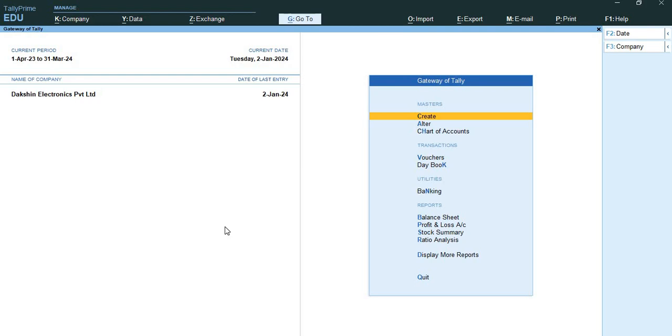To obtain TAN, the person or organization is required to apply in Form 49B to the TAN Facilitation Center of NSDL. The format of TAN is BLR T56767G.